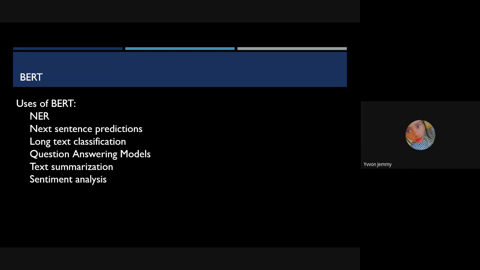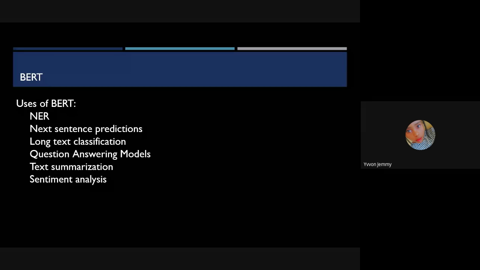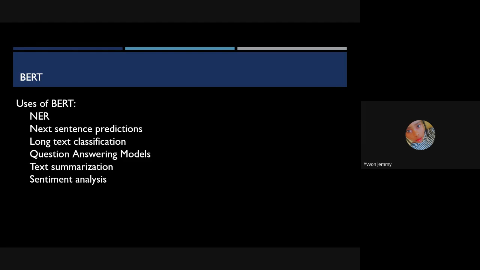Okay. Uses of BERT. There is named entity recognition, like the way we have said desert and dessert. It knows what the first desert means and what the second dessert means. Named entity recognition also means that it recognizes a name. For example, if I pass my name, like "Yvonne was happy," it will recognize that Yvonne is a noun.